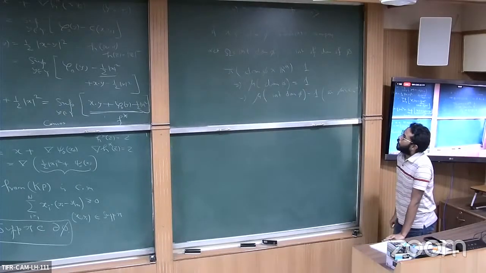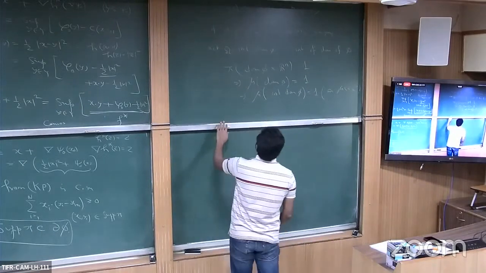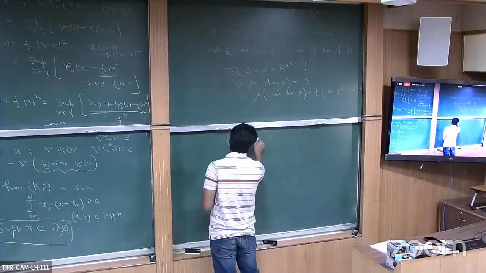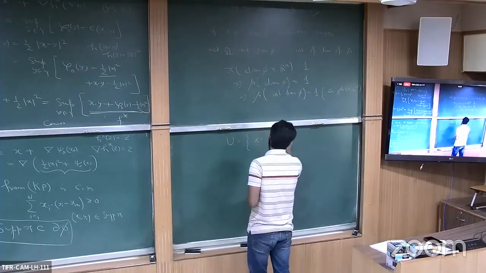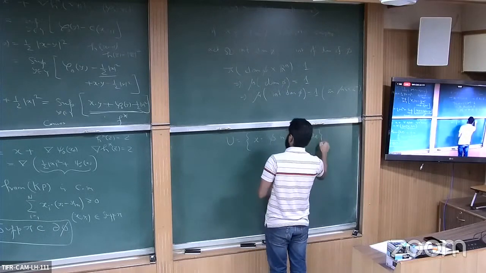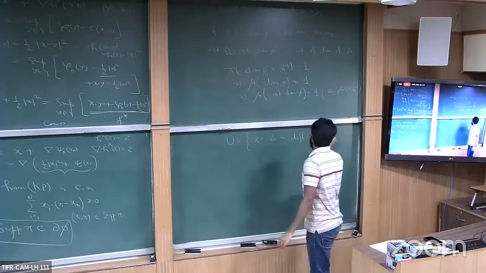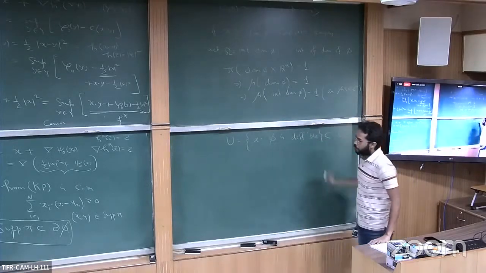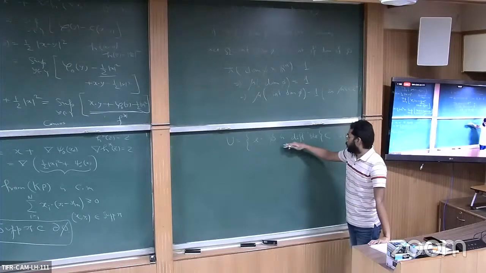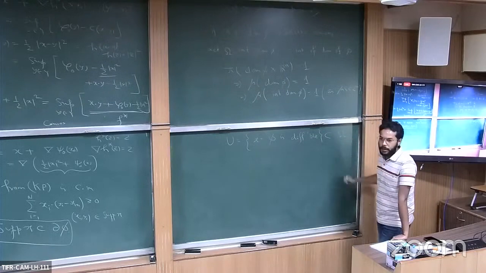Now, let us denote by U the set of all points x where phi is differentiable. Of course, this is a subset of the interior of the domain of phi. Now, phi is locally Lipschitz, so phi is differentiable almost everywhere in the interior of the domain of phi.